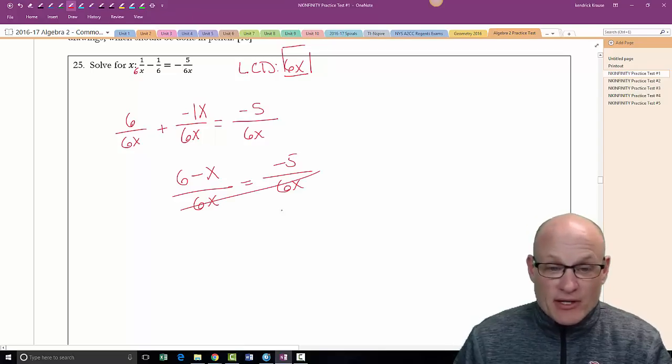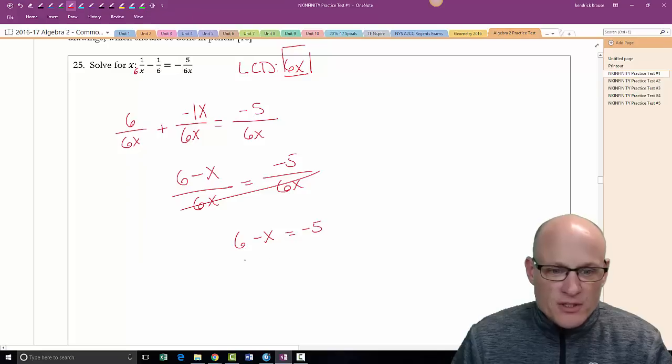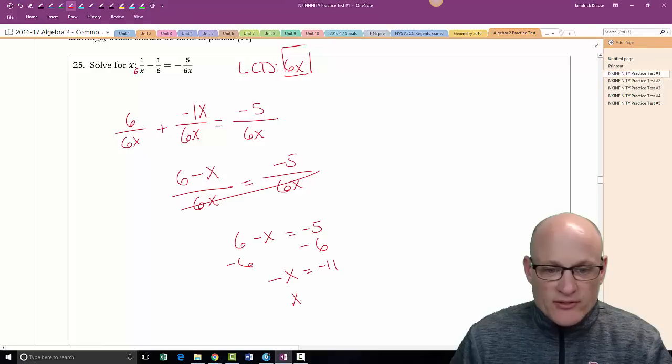We don't even need the denominator. As long as the numerators are equal to each other, we're done. 6 minus x equals -5. Let's see. How about we subtract 6, and I get, this is where you've got to be careful, -x equals -11, so x is equal to 11.